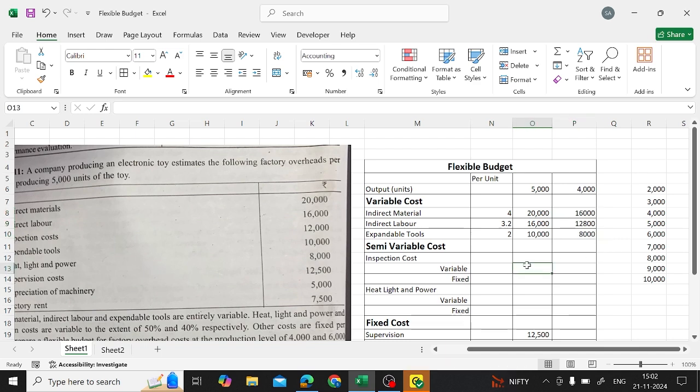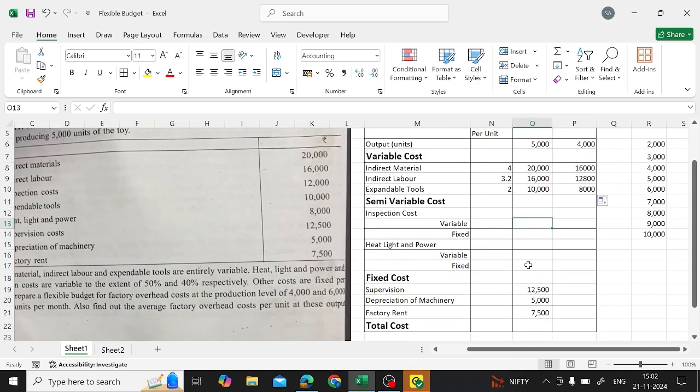Now for the inspection cost, the total inspection cost is given as 12,000 and it is given here that 40% is variable. So either you can calculate yourself or you can do the calculation also here, that 40% of 12,000 is variable, and the rest is fixed.